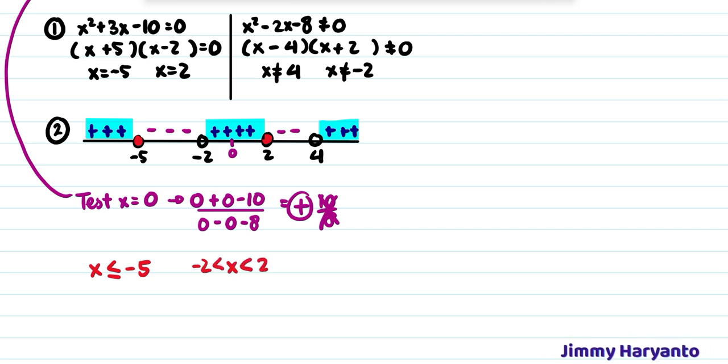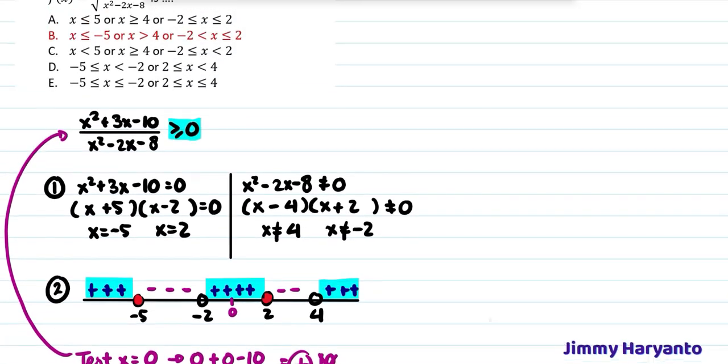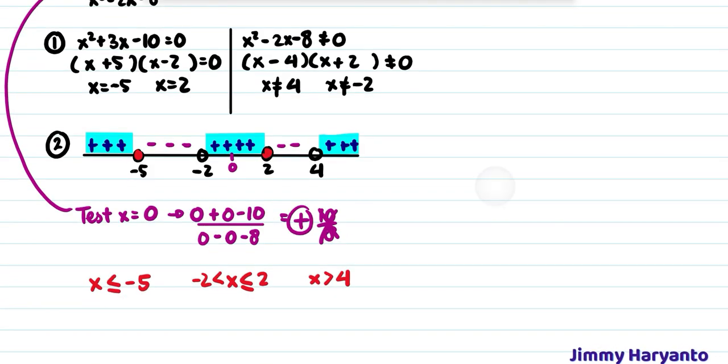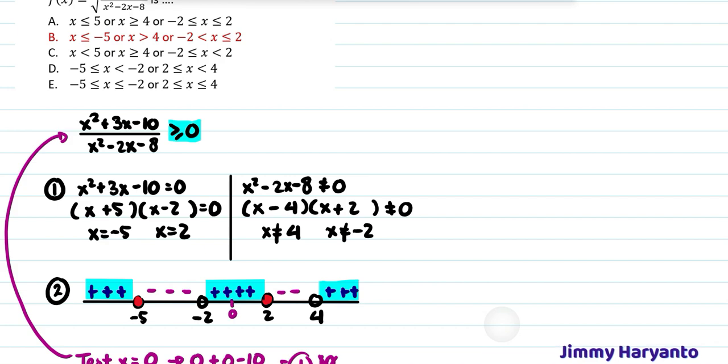For the 2, we have equal to. For the negative 2, it's empty, so we don't have to put equal to. Next one is to the right side of the 4. That means x greater than 4. And then you only have to choose the answers.